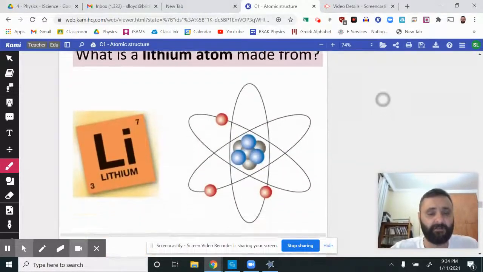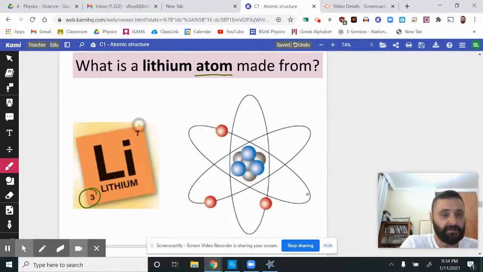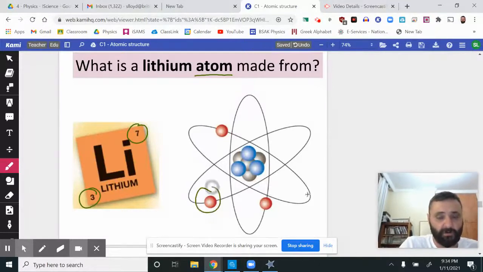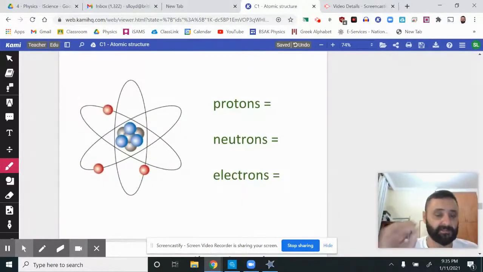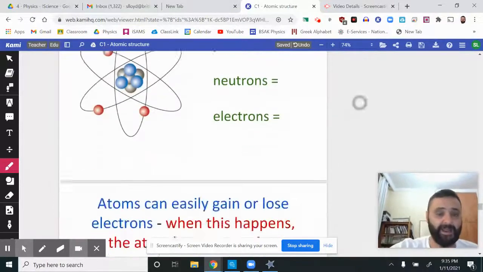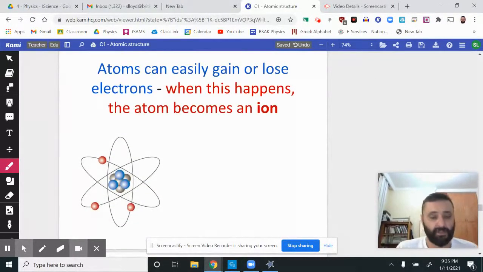Okay, right. Lithium. Let's have a little recap. What's a lithium atom made of? Right. It's got atomic number 3, so it's 3 protons. It's got 7 there, so it's got 4 neutrons, and it's got 1, 2, 3 electrons. So 3 electrons, 3 protons, charge 0. Now, lithium atoms can lose electrons.